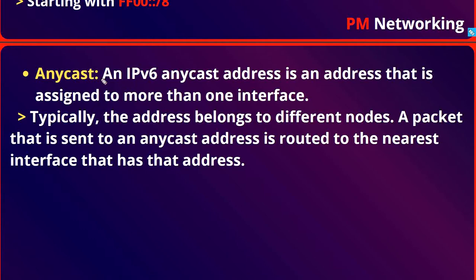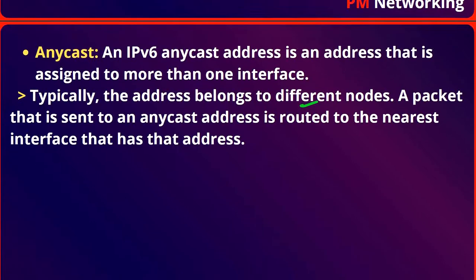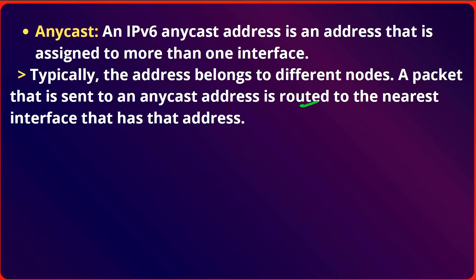So what is anycast? An IPv6 anycast address is an address that is assigned to more than one interface. So we can assign an anycast address to multiple devices, to multiple interfaces.